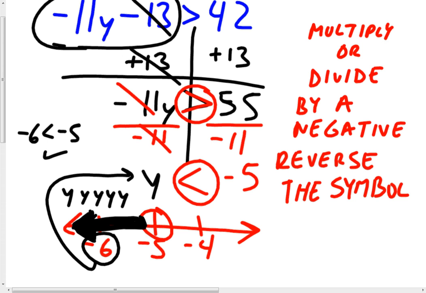That's your check. If you want to check over your work, you take one of these numbers over here. You could take negative 5.5. You could take negative 6. Anything over here. Do I want to try negative 5? No, because that's an open circle. It's not part of the answer. Only everything this way is part of the answer.